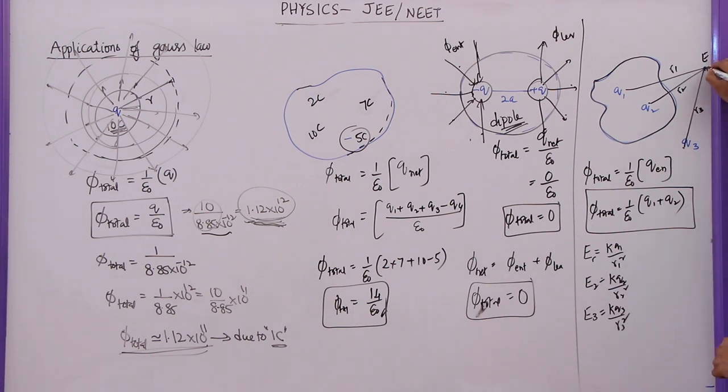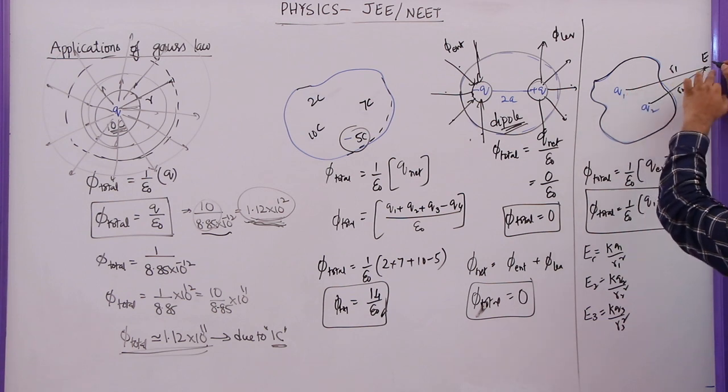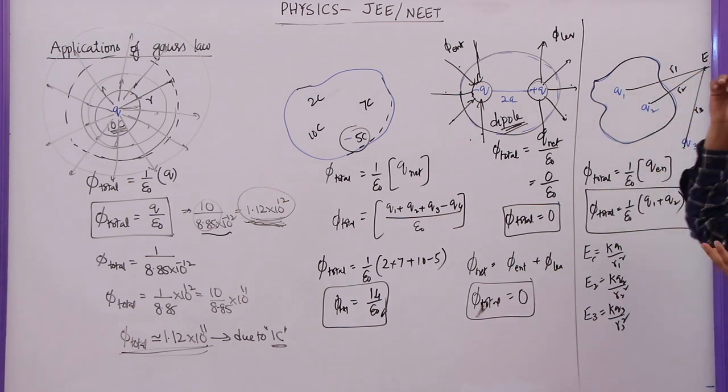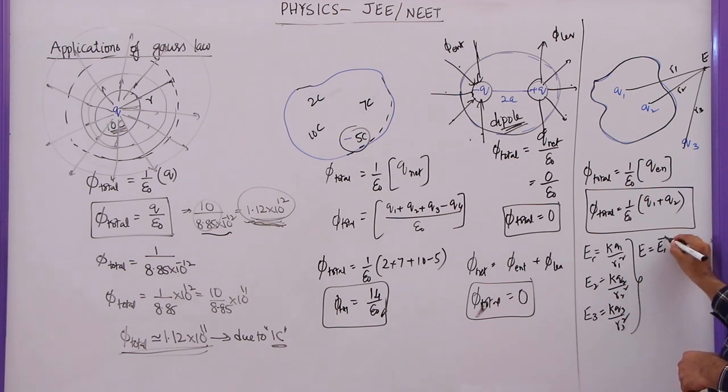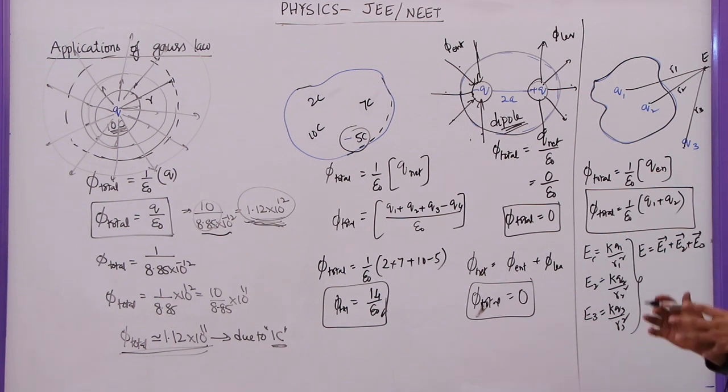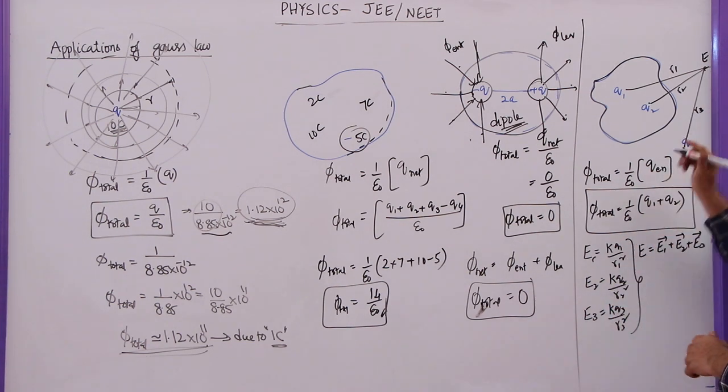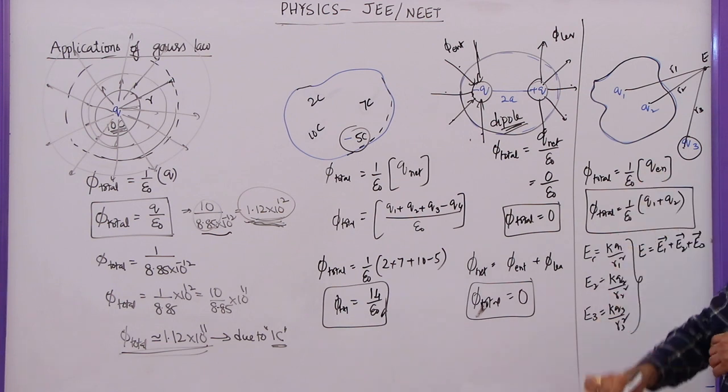At this same point we are calculating electric field. As electric field is a vector, we need to add these three vectorially. So E net is given by E1 bar plus E2 bar plus E3 bar. So from this we can say the electric field at this point depends on the charge enclosed by the Gaussian surface as well as the charge outside the Gaussian surface.